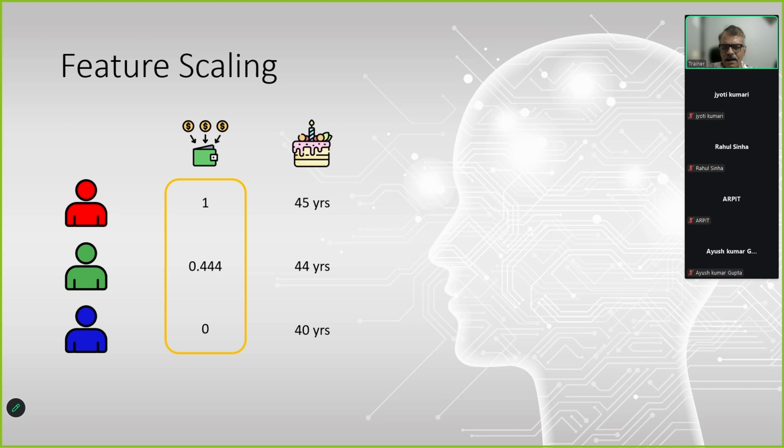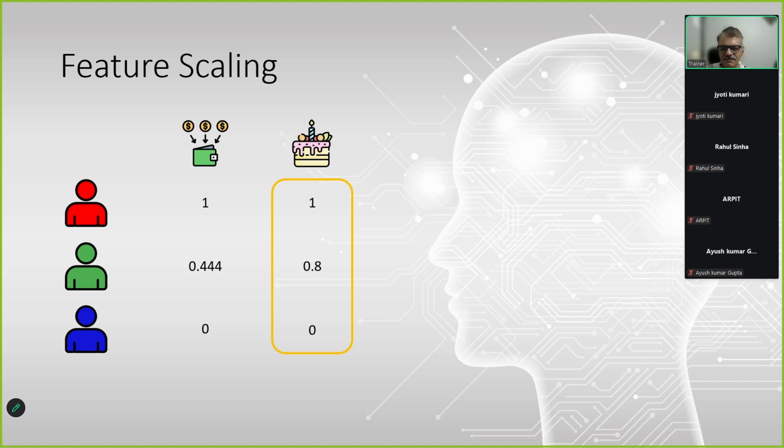After normalizing, let's apply this to the age column. This is the age column. Our values will look like this. So after applying normalization we end up here, right? And now we can compare normalized income and age values. Comparing these values will be easier now. Based on this data, which do you think the green person is closest to?